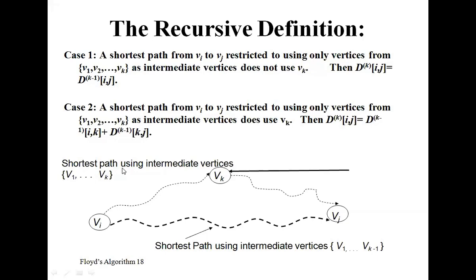The shortest path uses intermediate vertices v1 to vk. Suppose vi is there, vj is there, and in between we have the intermediate vertex vk. So for the shortest path we need to consider vi to vk, vk to vj, using intermediate vertices v1 to vk minus 1.